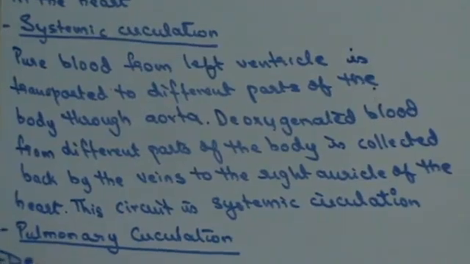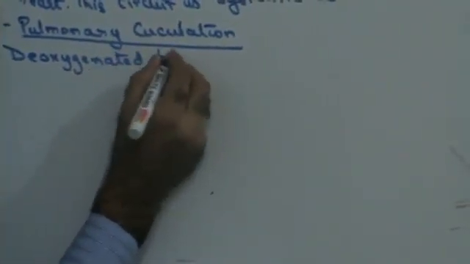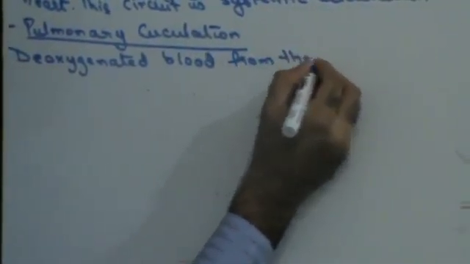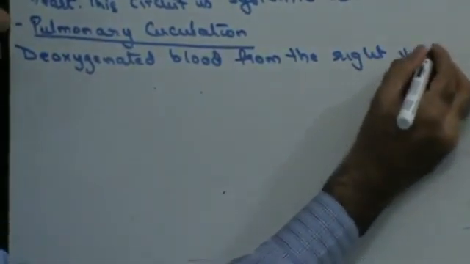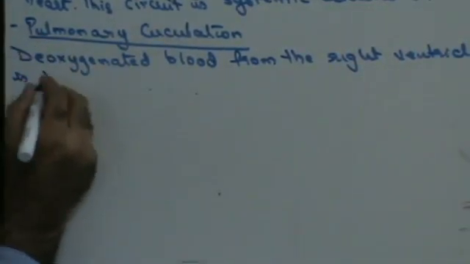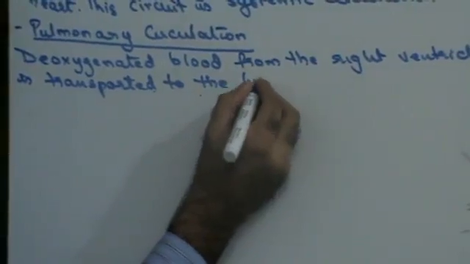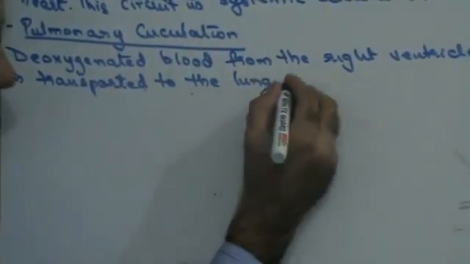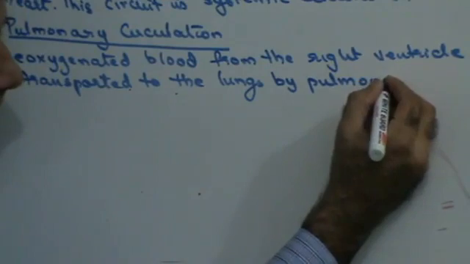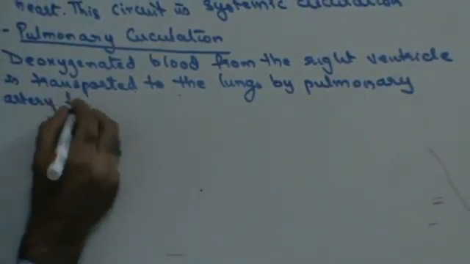Deoxygenated blood from the right ventricle is transported to the lungs by the pulmonary artery for purification.